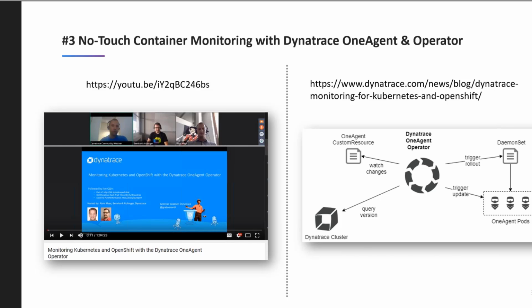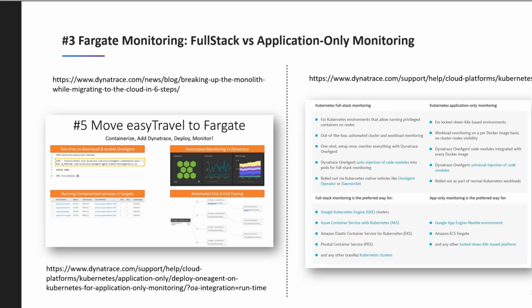So check this out. Another thing is if you are moving to Fargate as part of the Breaking the Monolith session we did at re:Invent, we actually took our monolithic easyTravel application that we most often use for our demos, and we containerized it and then put it into Fargate.